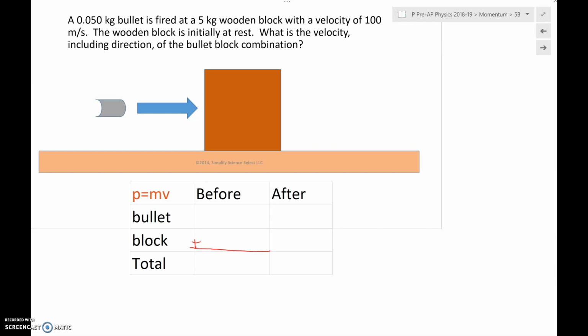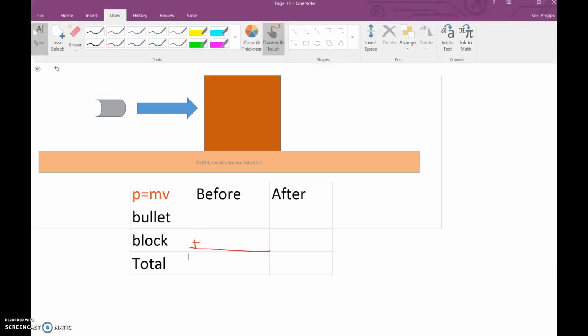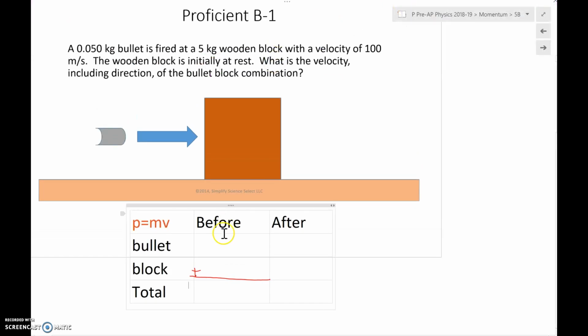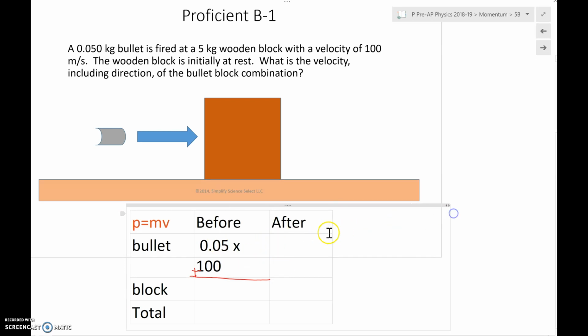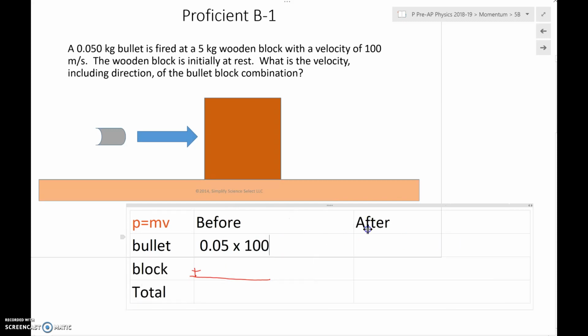So in the beginning, there was a 0.05 kilogram block, and we multiply that by a velocity of 100. Multiply those two together, we get 5.